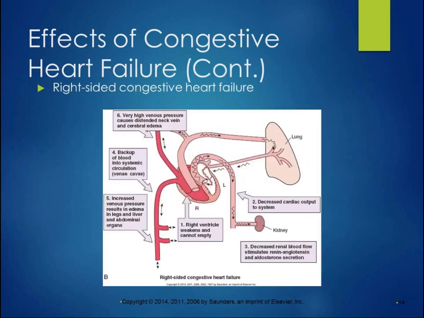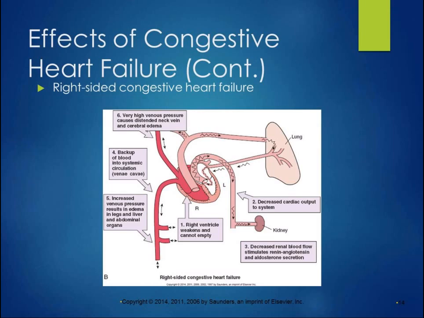When you have right-sided congestive heart failure, the right ventricle weakens and can't empty. So again, you get decreased cardiac output to the system. You get decreased renal blood flow that stimulates the renin-angiotensin-aldosterone cycle, with increased peripheral resistance from that, and backup of blood into the systemic circulation, because the output of the right ventricle is not as much as the inflow of blood.